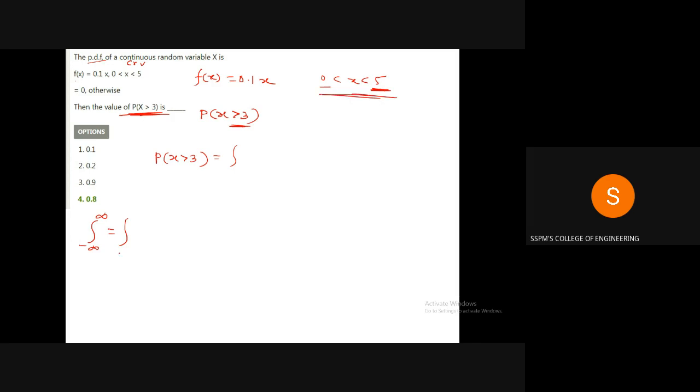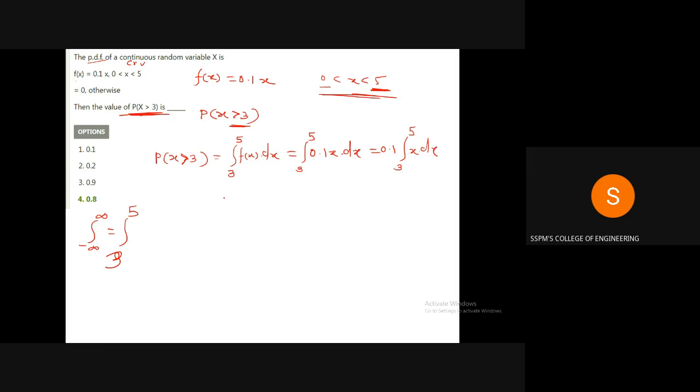For this function the limits are 0 to 5, but we have to find it only for x greater than 3, so we will put 3 as the lower limit. So the integral from 3 to 5 of f of x dx is equal to the integral from 3 to 5 of 0.1 x dx, which is 0.1 times the integral from 3 to 5 of x dx.